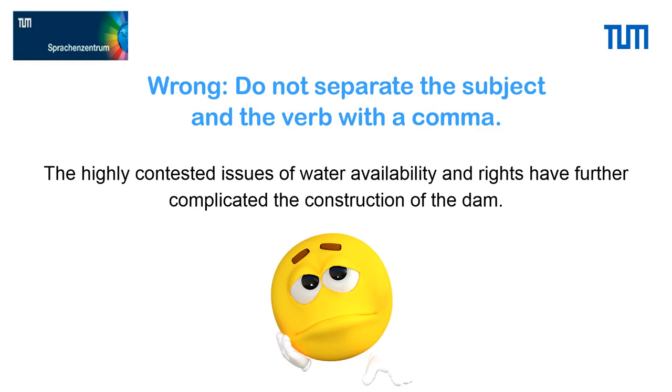All of that is the subject, and then the verb is have further complicated. So we cannot have a comma before the word have, because that separates the subject and the verb. Very often people make this mistake because they have a long subject and they mistake that for an introductory phrase. So you have to be able to tell the difference between a long subject and an introductory phrase.